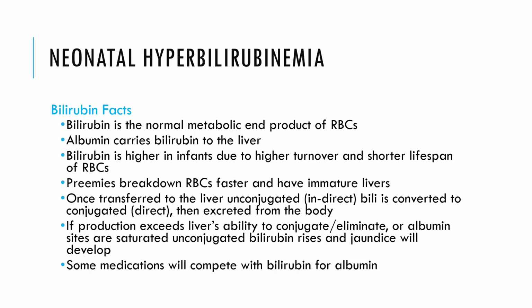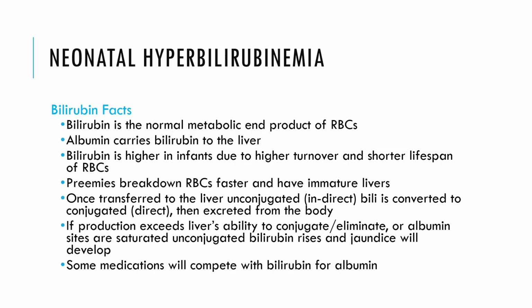Preterm babies, micropreemies, extremely low birth weight and very low birth weight babies, can have lifespans as low as 60 days for their red blood cells. So with more red blood cell turnover and breakdown, you're going to have more bilirubin floating around.